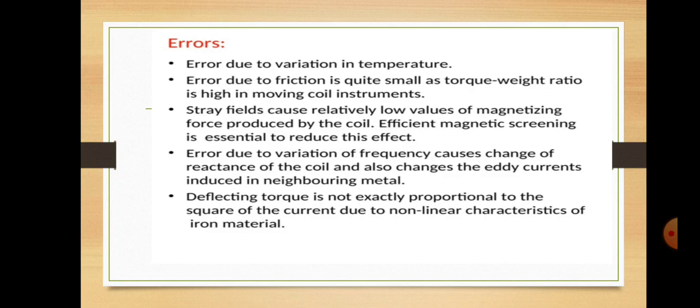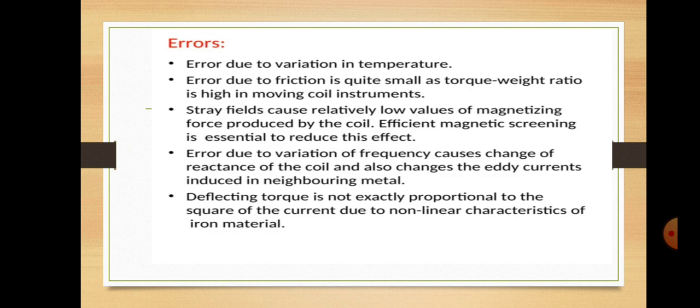Now the errors which occur in the MI instruments. First is error due to variation in temperature. Wherever the instrument is used in varying temperature, it may cause the error. The error due to friction is quite small as the torque weight ratio is high.